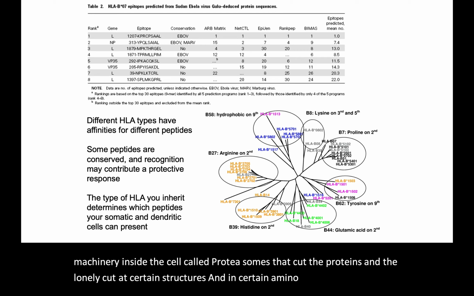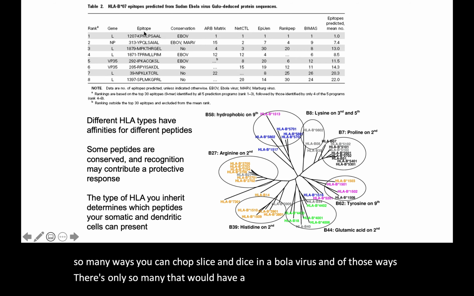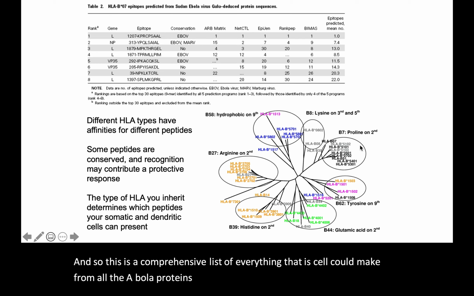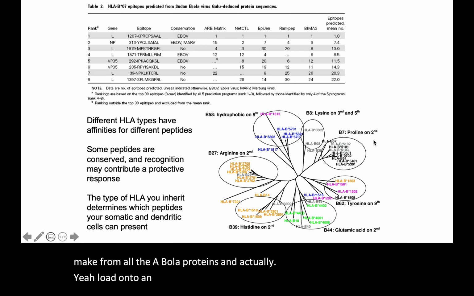And so there's only so many ways you can chop, slice and dice an Ebola virus. And of those ways, there's only so many that would have a proline at the second amino acid. And so this is a comprehensive list of everything that a cell could make from all the Ebola proteins to load onto an HLA type B7.